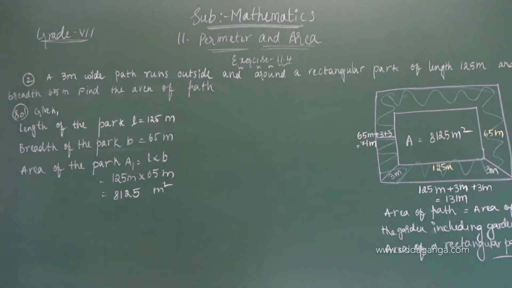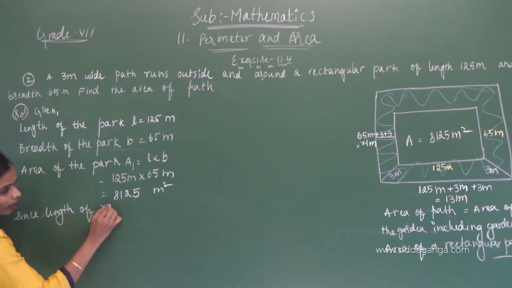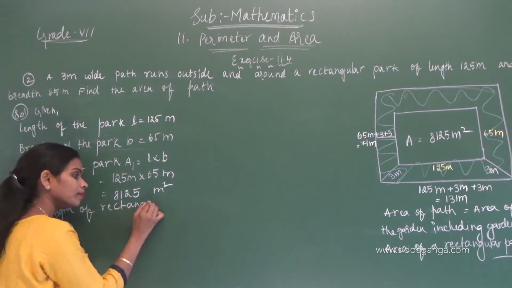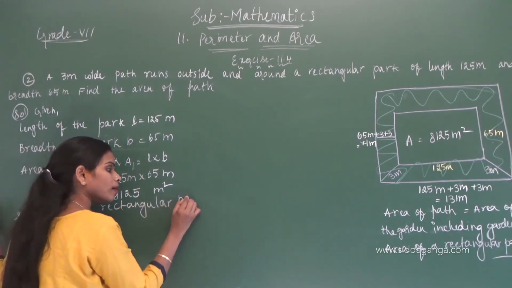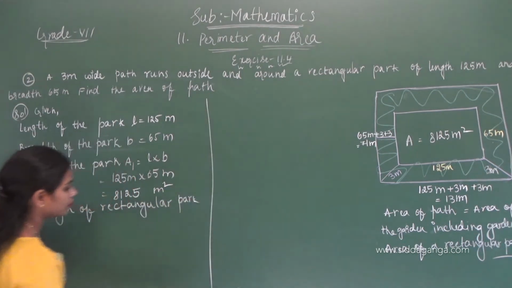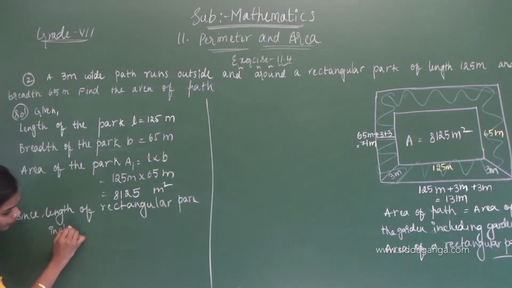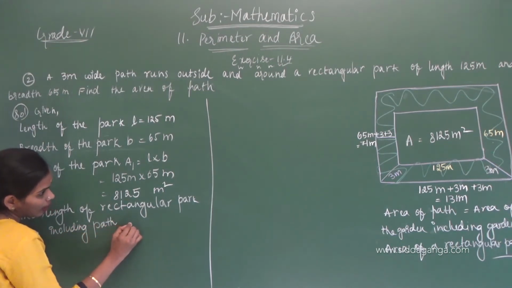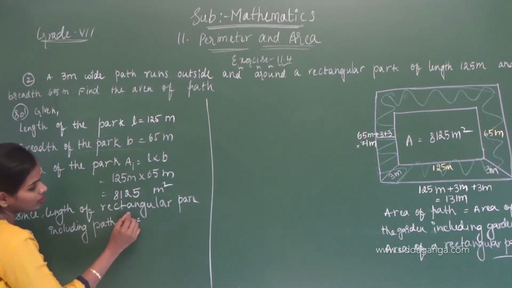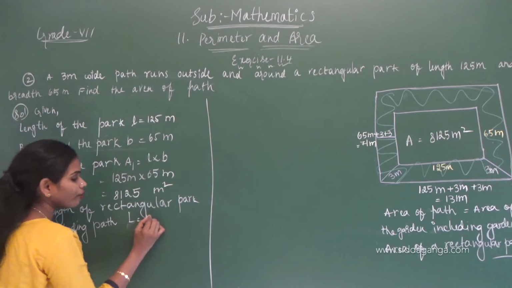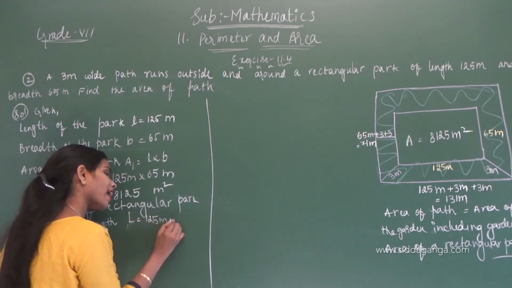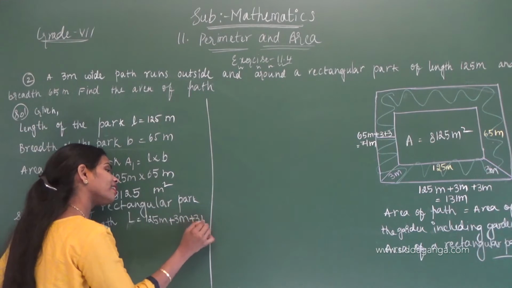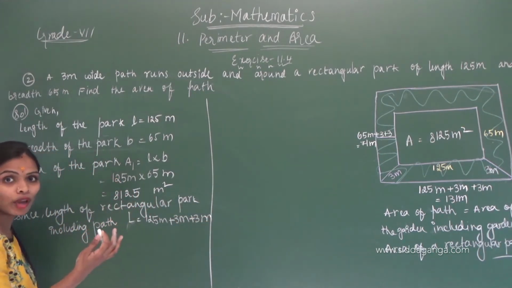Given, the length of the rectangular part including path, L, equals 125 meters plus 2 times 3, because on the left and right corners we are taking the path.